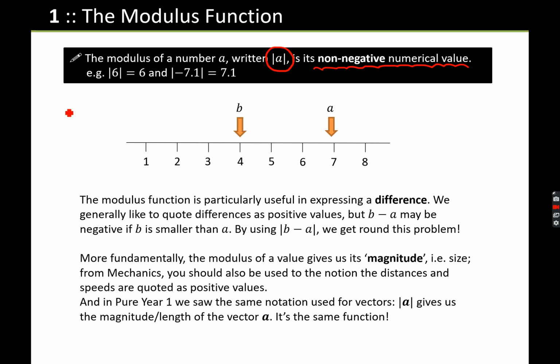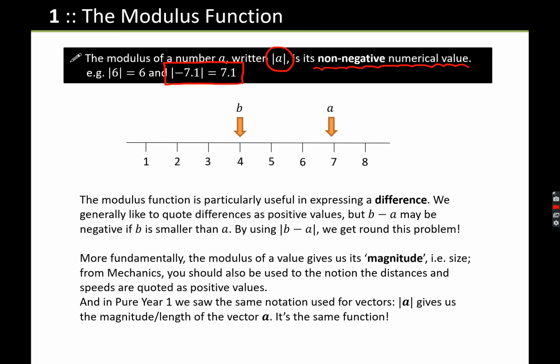For example, the modulus of positive 6 is just 6 because it's already positive, whereas the modulus of minus 7.1 is going to be positive 7.1. Various uses for it. Obviously, we know we're going to get a positive answer. We use it a lot when we're looking at the differences between things.